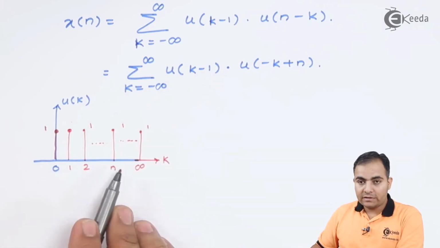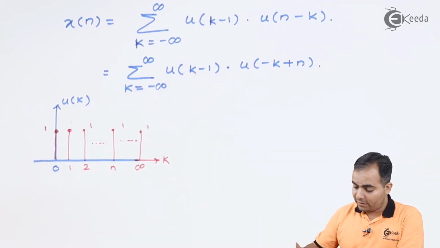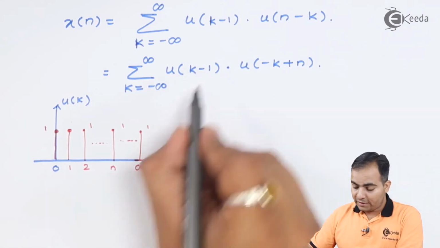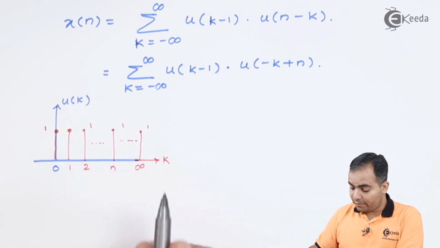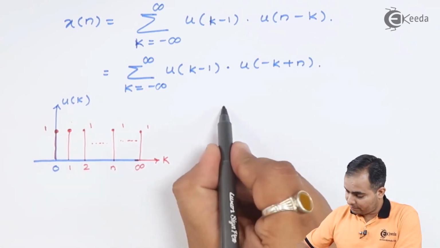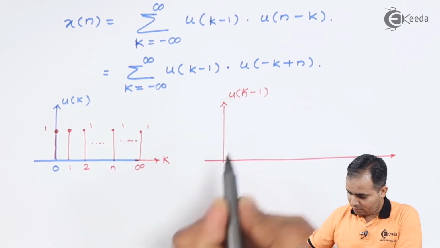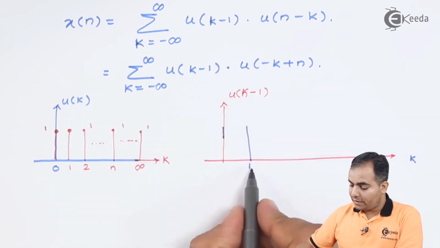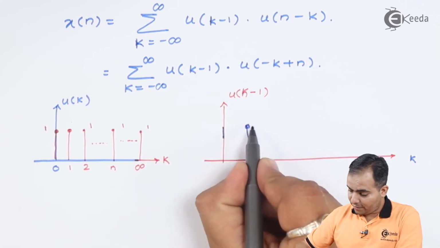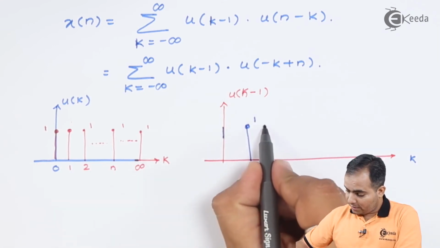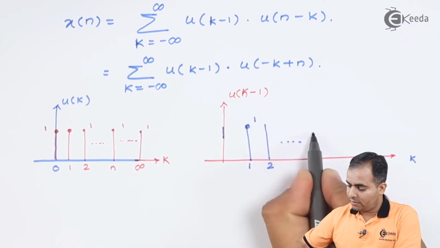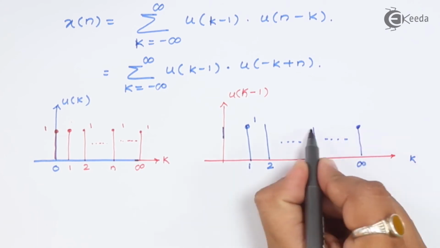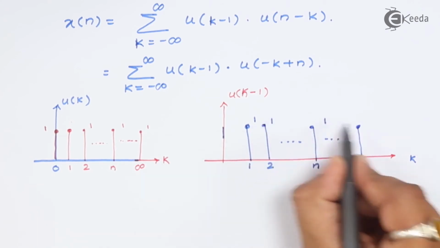All the time instants will be shifted towards the right-hand side by 1. So this graph was actually started from 0, but if we add this delay, then this graph will start from 1, and of course it will terminate at infinity. So if we add the delay, our graph will start from 1 with amplitude 1 and it will continue till infinity and the amplitude will remain the same.